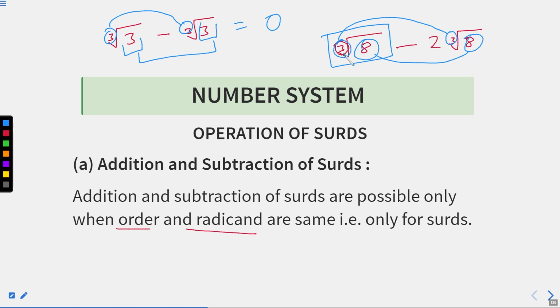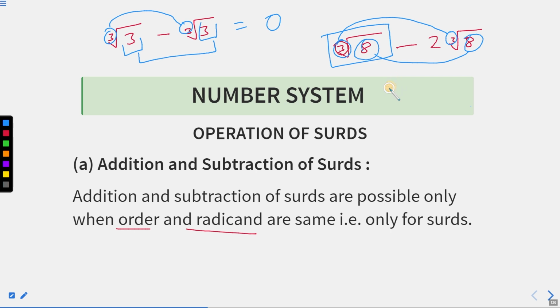The single cube root of 8 is equal to 1 multiplied by the cube root of 8. So I rewrite this.